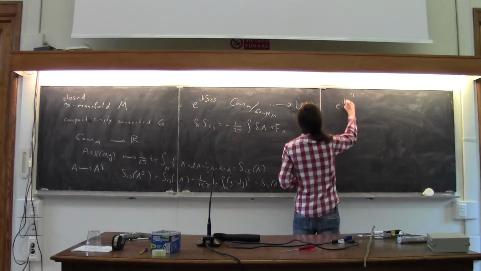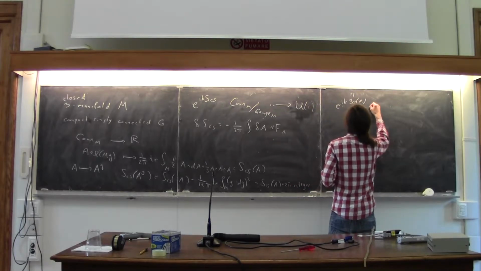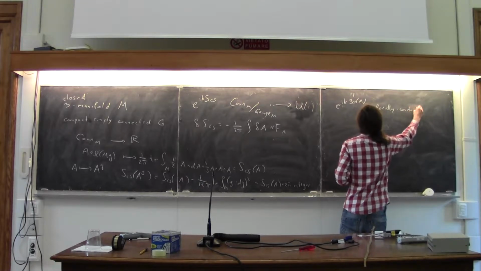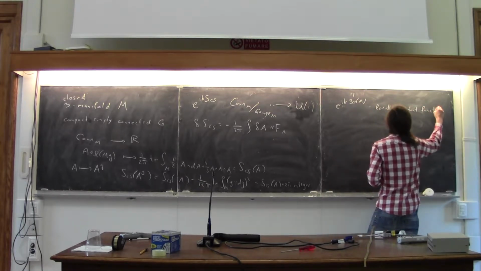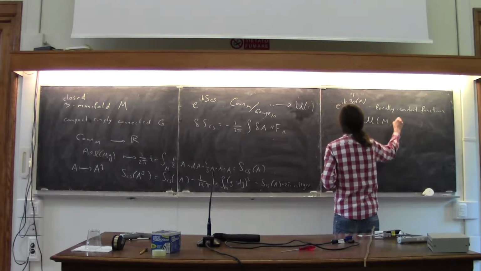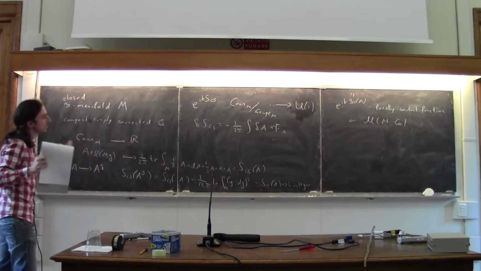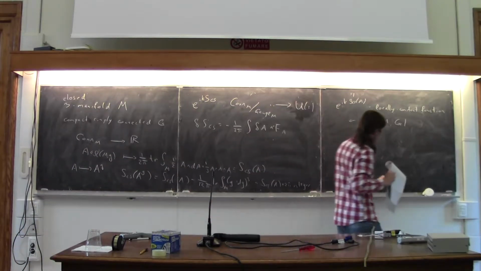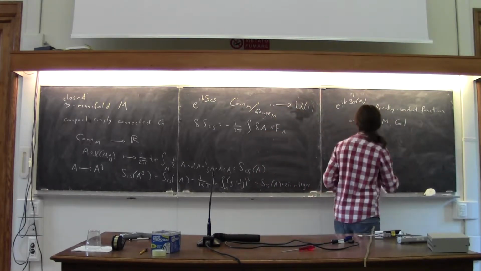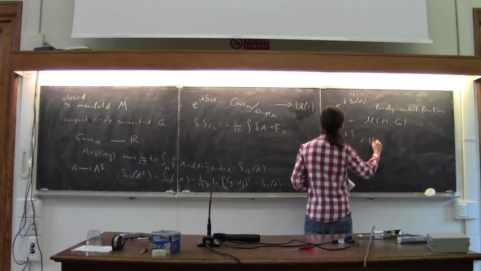So this exponential of the Chern-Simons action gives me a locally constant function on the moduli space of flat connections. That doesn't mean that it is globally constant, because there may be different connected components. But well, here it is. So this gives me a class.